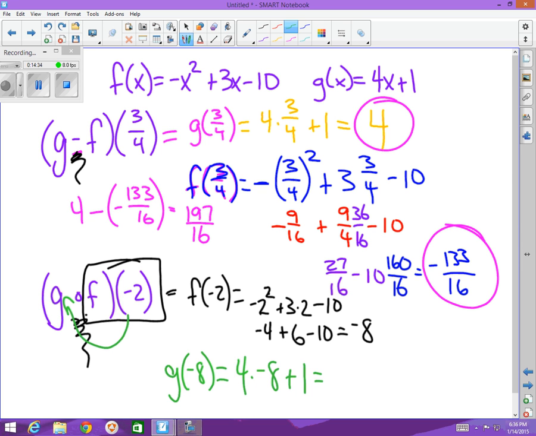Plus 1 is negative 31. Now something is not right with that. Where did I mess up? Oh, hello. I did g composition f of 2, not negative 2.